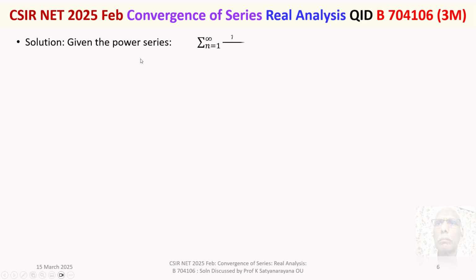We are given the power series sigma n equals 1 to infinity, n power n squared by (n plus 1) to the power of n squared, into x power n. Let's call this sigma n equals 1 to infinity a n x to the power of n, where a n, the coefficient of x to the power of n, is n power n squared by (n plus 1) to the power of n squared, which belongs to R. The coefficients are coming from the real field.